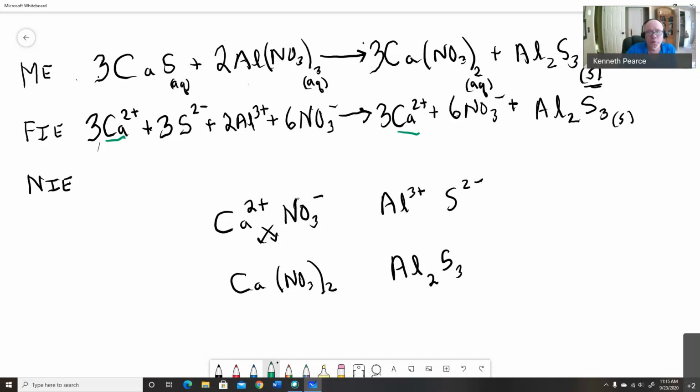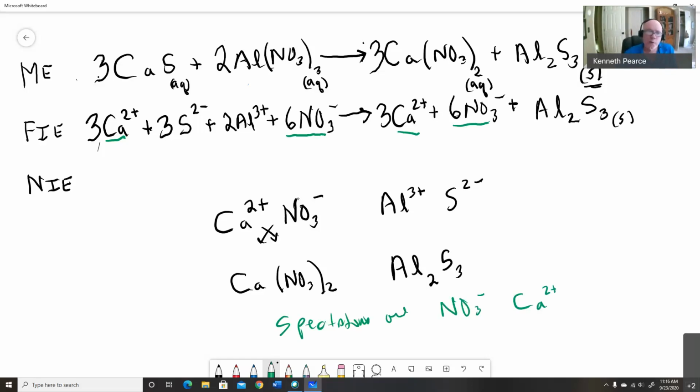And then we see the aluminum is part of the aluminum sulfide on the right-hand side, so it's not a spectator either. And then finally, we see the 6 nitrates become 6 nitrates on the other side. So what are our spectators? Our spectators are the NO3- and the calcium 2+.